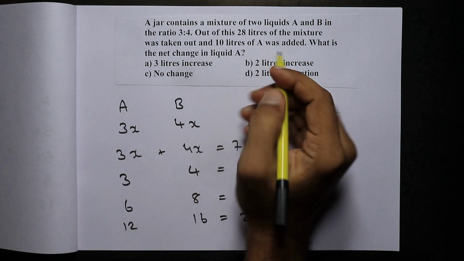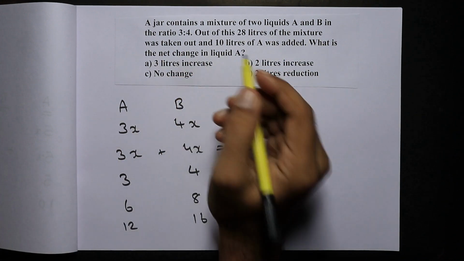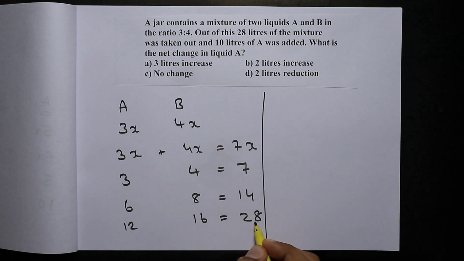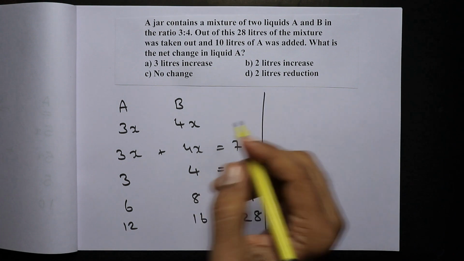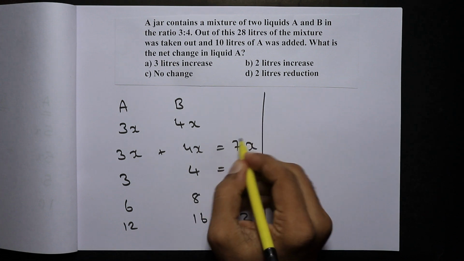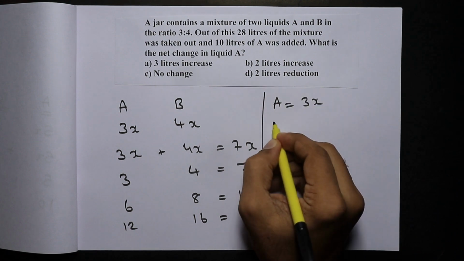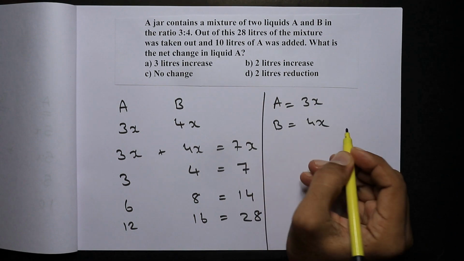Now what is said is that out of this, 28 liters of the mixture was taken out. So 28 liters will contain 12 liters of A and 16 liters of B. This was removed. Now let us assume that the initial total quantity was 7x. If you consider the total quantity to be 7x, A will be 3x and B will be 4x.